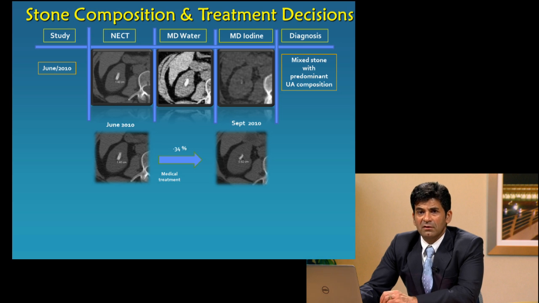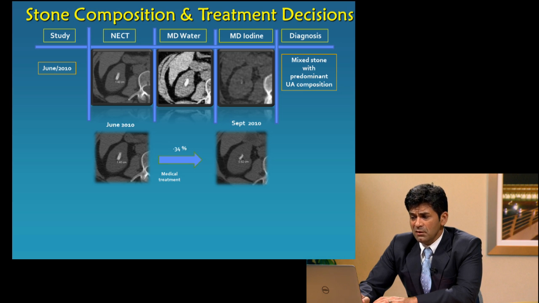And this information can be applied to clinical care, as I show you a case example from two different patients. One, on the top, you notice that in the material density pair, the stone on the iodine images is almost invisible except for a fraction of calcium in it.